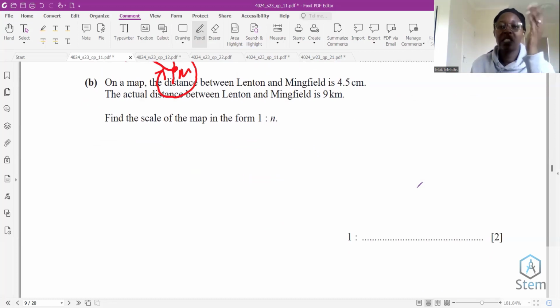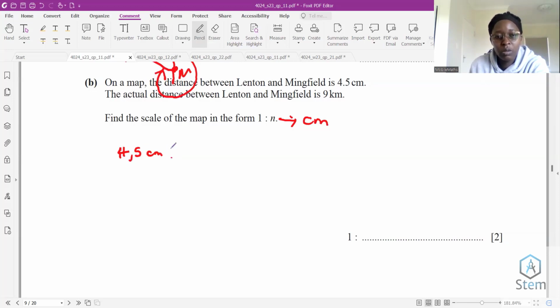On the map, the distance between Langton and Mean Field is 4.5 centimeters, yet the actual length is 9 kilometers. They want us to write the ratio. When writing our ratio, we are going to have all the dimensions in centimeters. So we have 4.5 centimeters to 9 kilometers.